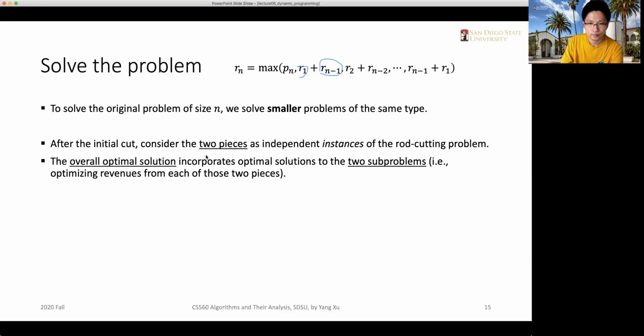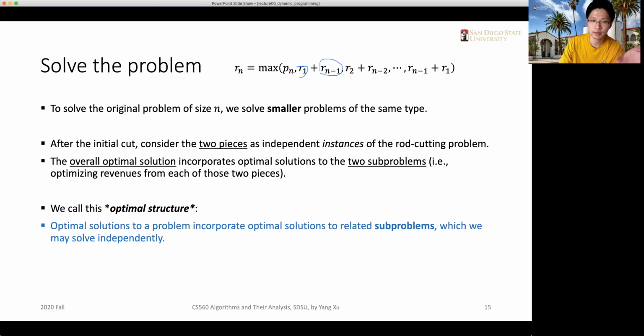So the overall optimal solution incorporates optimal solutions to the two subproblems, optimizing the revenues from each of those two pieces. We call this optimal substructure. Optimal structure is a term showing that the optimal solution to a problem incorporates optimal solutions to the related subproblems, which we may solve independently.